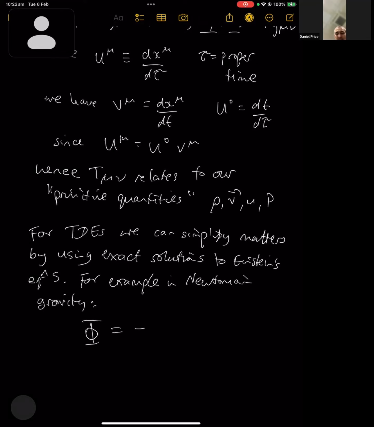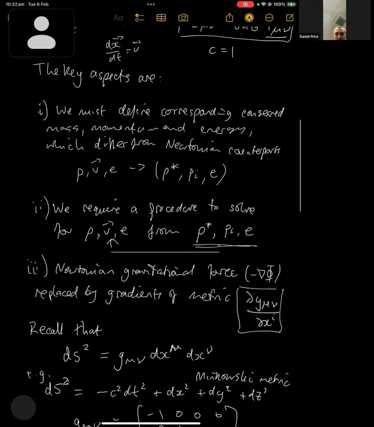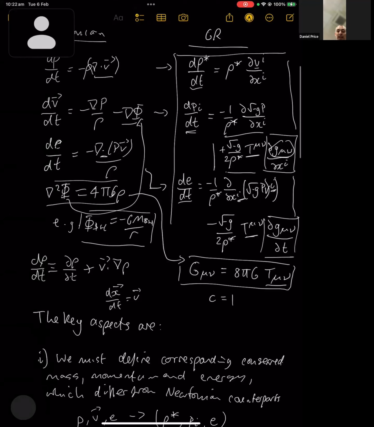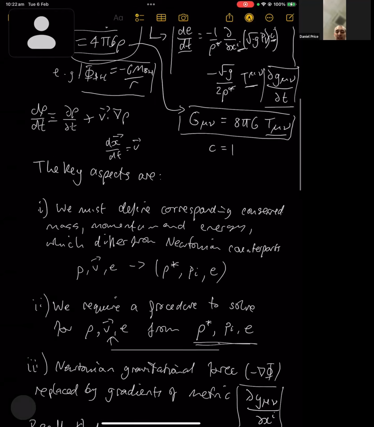We can simply write down that the gravitational potential of a point mass is minus GM over r. So for example, I already wrote that down way earlier. Said if we wanted to simulate a Newtonian tidal disruption event around a black hole, we could simply use the Newtonian gravitational potential, M black hole over r. And that's simply the exact solution to Poisson's equation for a single point mass object.